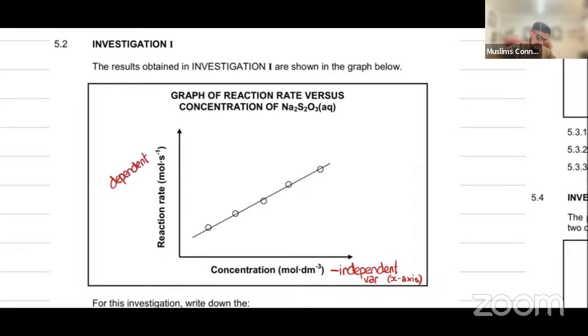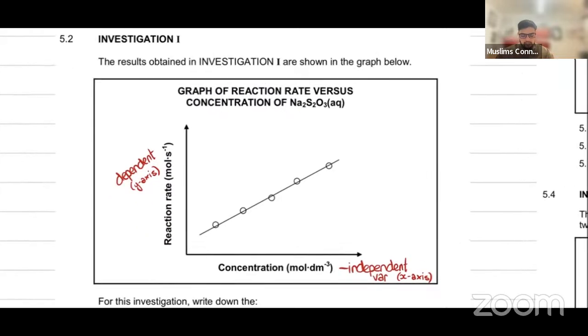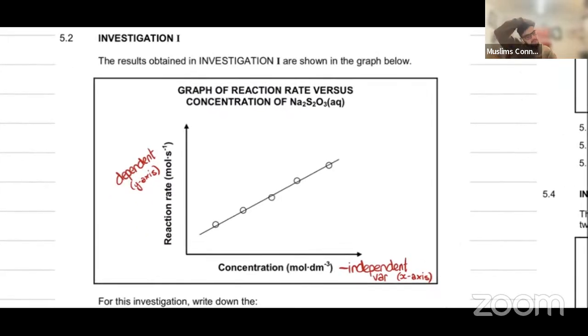So if you're given a graph, that's how you can determine what's dependent and what's independent.